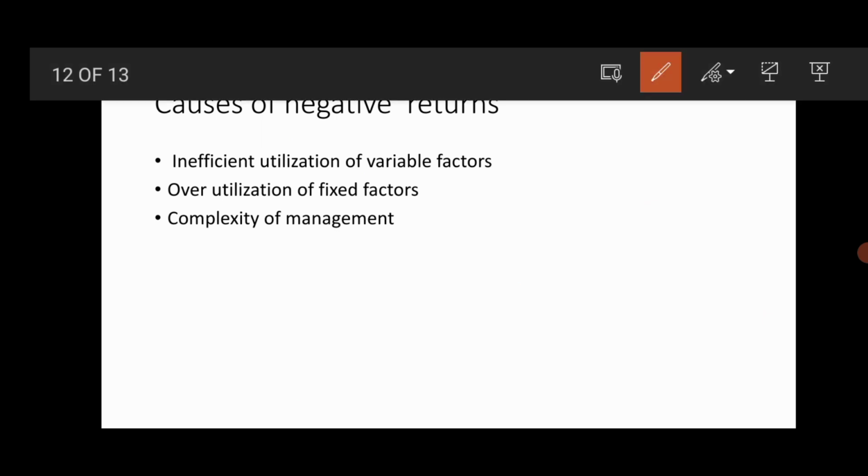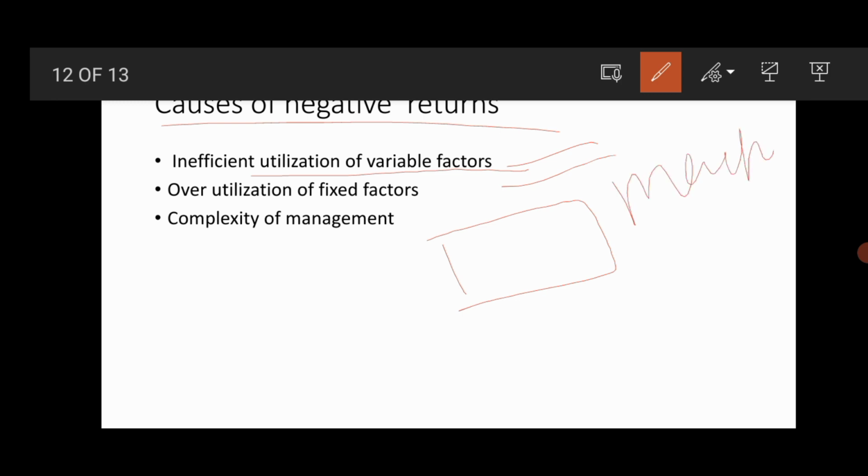Then the next one is the reason for negative returns. Inefficient utilization of variable factors. Here variable factors are not efficiently utilized. Here they have employed more variable factors. For example, now there is one machine, so in the short run they can't change fixed factors. Now I am taking this machine as a fixed factor.